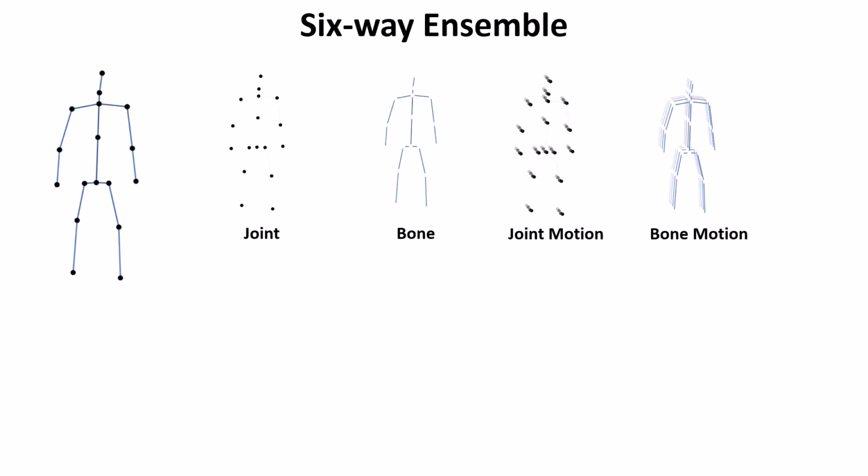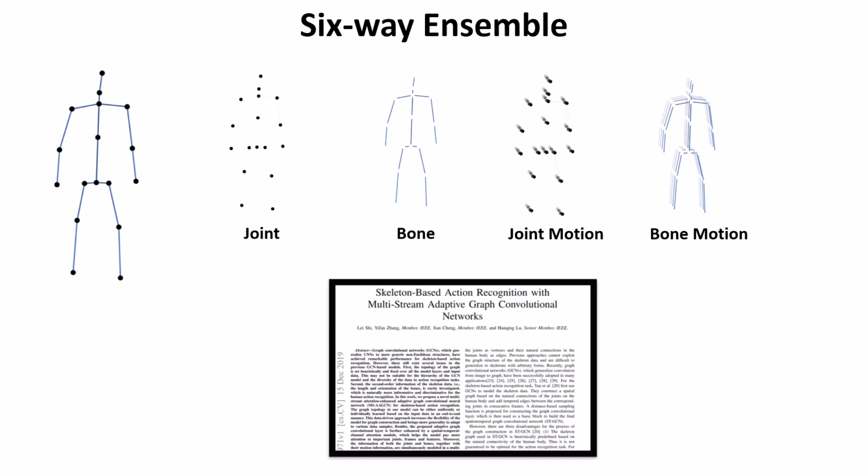And once we have these 4 different representations of the same skeleton, there is a paper called MS-AAGCN, multi-stream attention-enhanced adaptive graph convolutional networks, from 2019, which uses all these 4 different representations as the input to further improve the accuracy of the model.